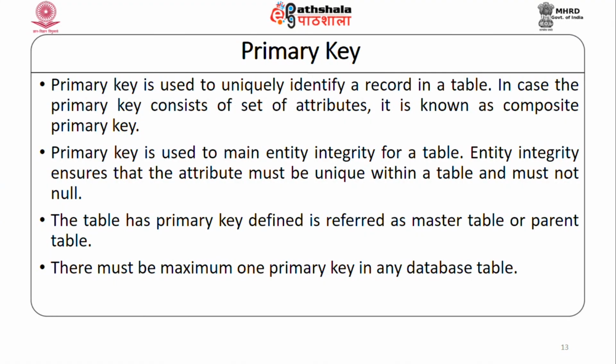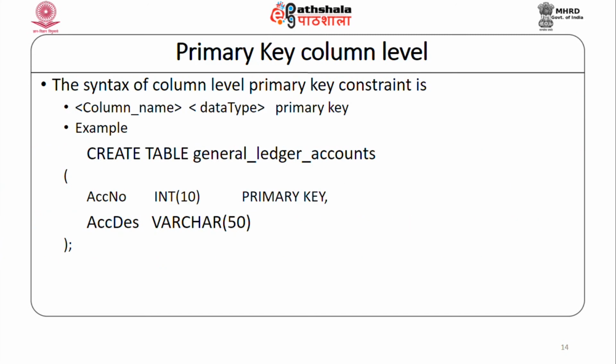Primary key is used to maintain entity integrity of data. Entity integrity means the attribute must be unique within a table, and no part of a primary key contains a null value. The table in which a primary key is defined is known as either a master table or parent table.